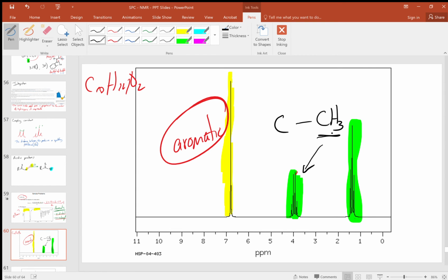Well, if this CH3 is represented by this peak, it's a triplet. A triplet means that it's adjacent to 2. So when we see this quartet triplet pattern like this, it's usually a pretty good sign that we have an ethyl group.